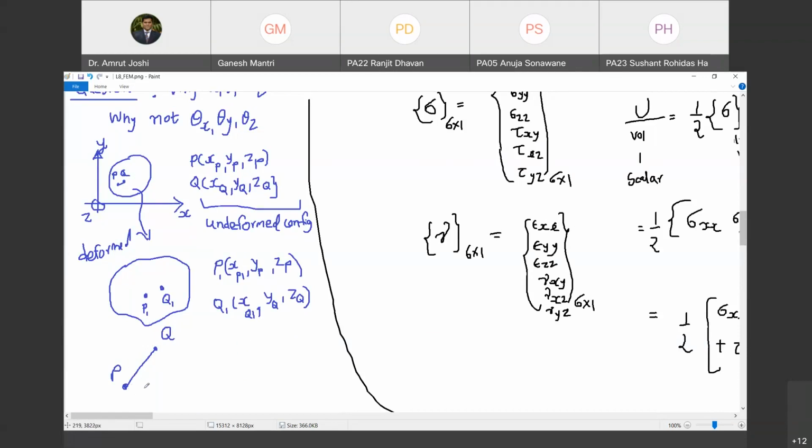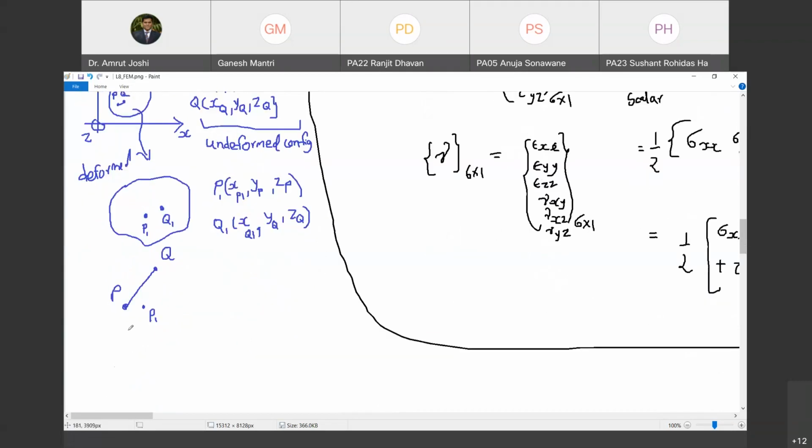P has now shifted along X to P1, and this is U of P, the X-directional translation of point P. Let us say this is U of Q. Q has moved more in comparison to P, but this is the X-directional translation of Q.